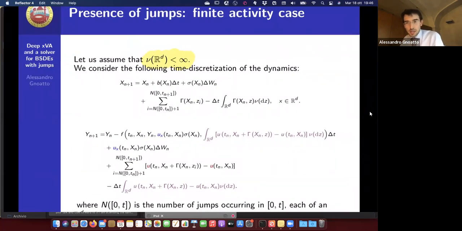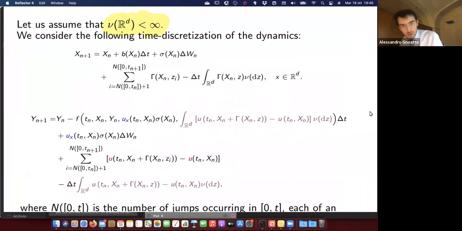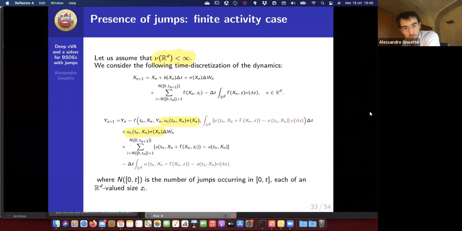So what we do is first the following. I discretize again my BSDE. So this is again an Euler scheme. And then I substitute the shape of Z and of U, which is coming from the Feynman-Kac theorem.